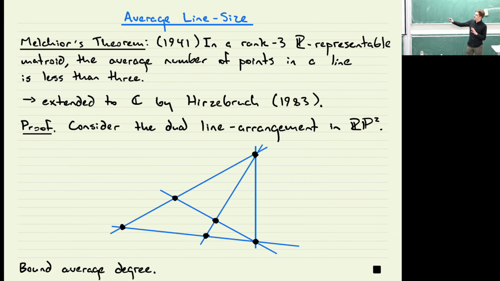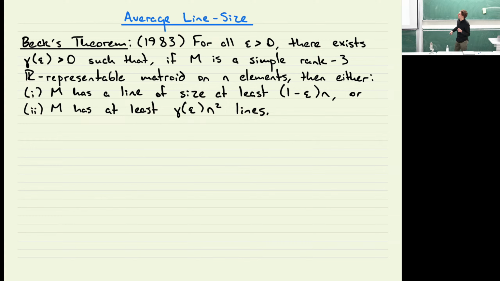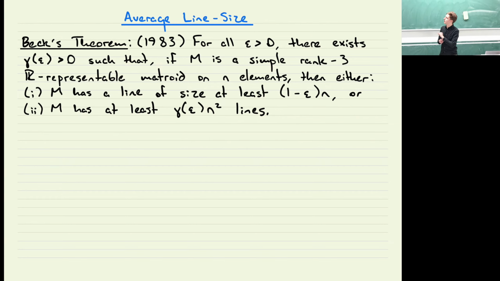One of the drawbacks of this proof of Melchior's, as nice as it is, is that it's maybe not so intuitive, in the sense that it doesn't give you the best idea of what's going on geometrically. So we are going to use a very illuminating result, a very classic result from discrete geometry called Beck's theorem.